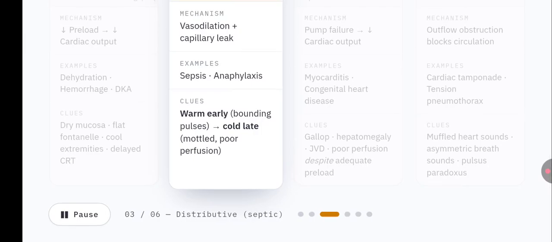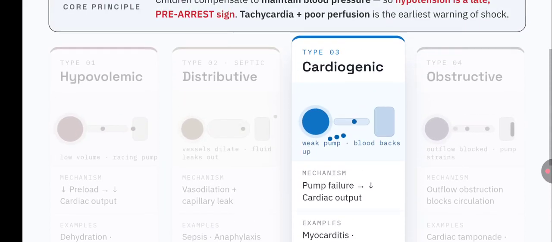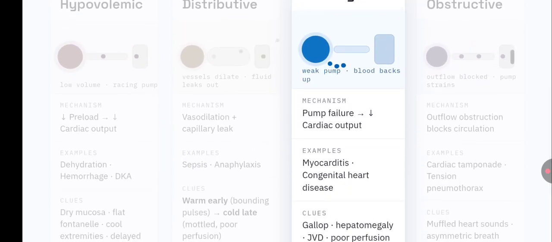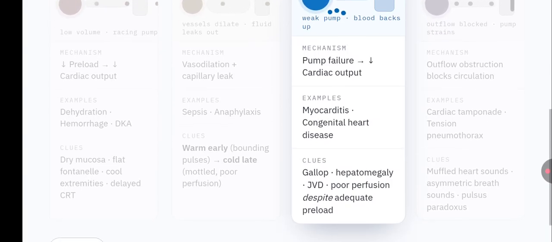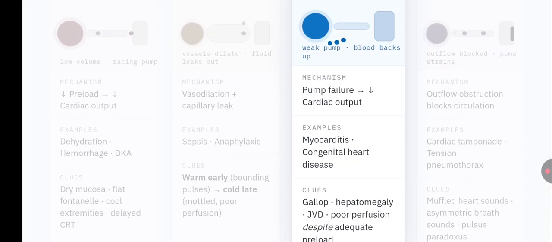In cardiogenic shock, the third type, the problem is not in the preload or in the blood vessels, the problem is in the heart itself, the pumping machine. I have heart failure, pump failure, and of course the cardiac output will be less. This can happen in myocarditis, which means infection inside the cardiac muscle or pericardial sac, or I have congenital heart disease, heart failure, or ischemic heart disease like MI, myocardial infarction.